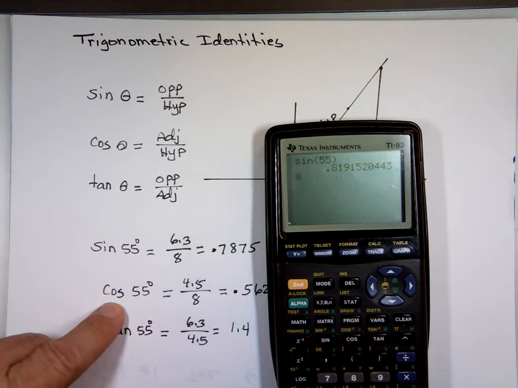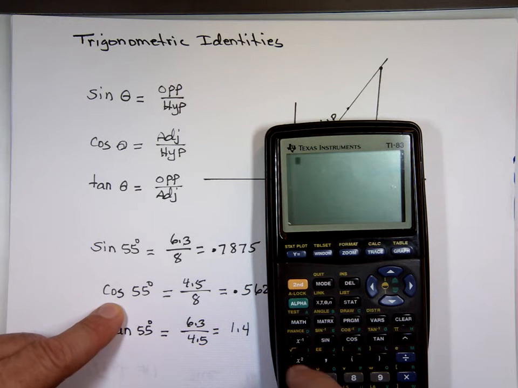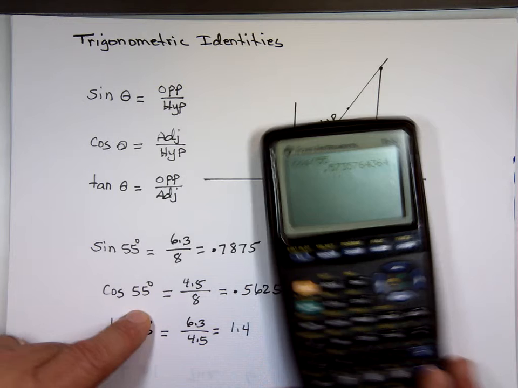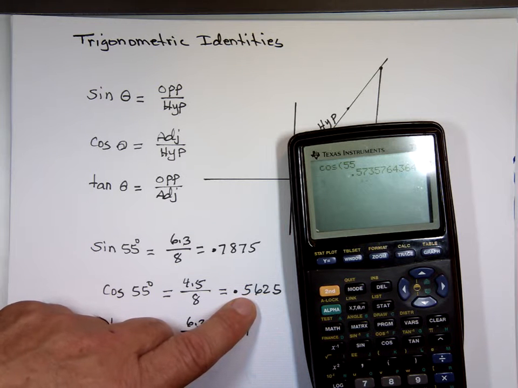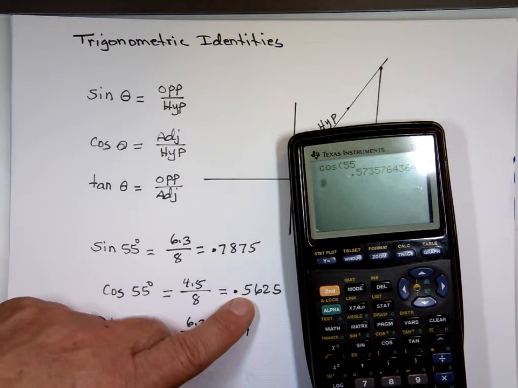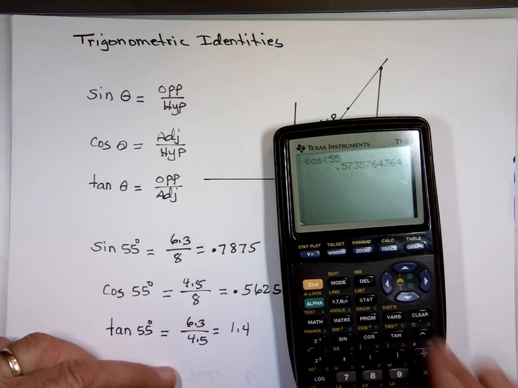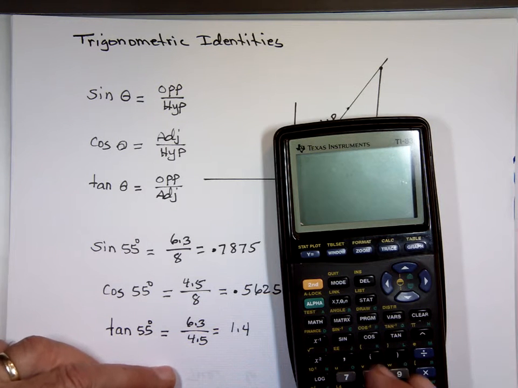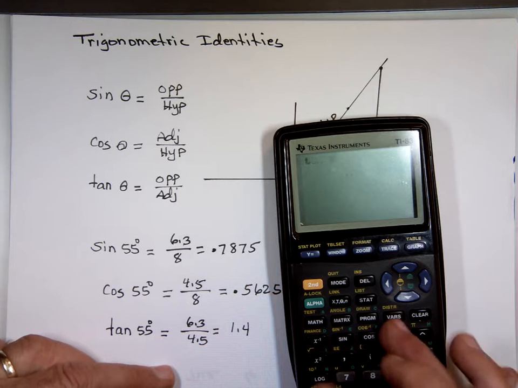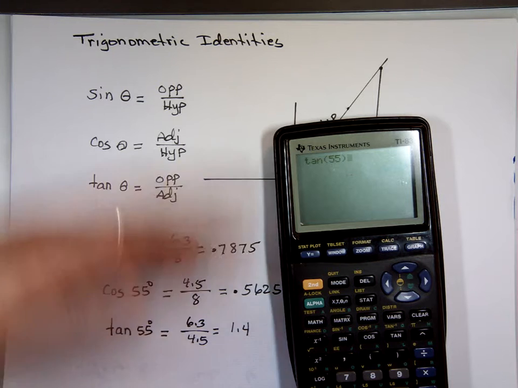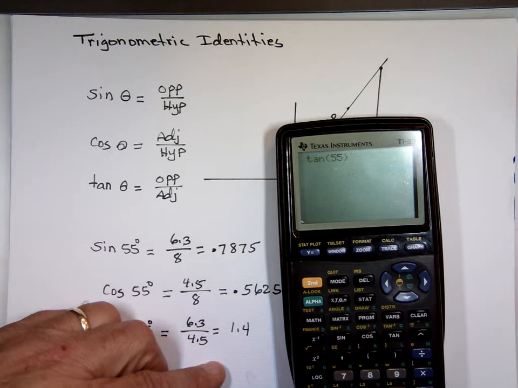Let's try the cosine of 55. I said 0.562, right, close to it. Let's try the tangent of 55. On the graph I got about 1.4, and here it's 1.42.